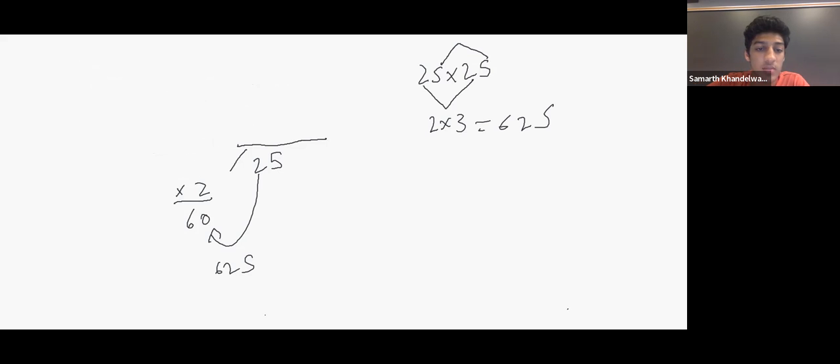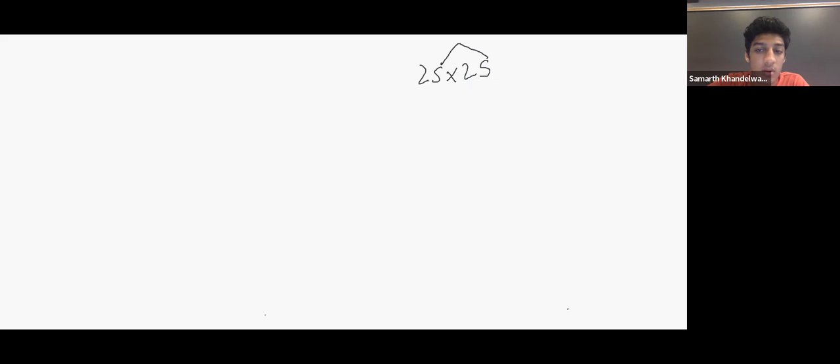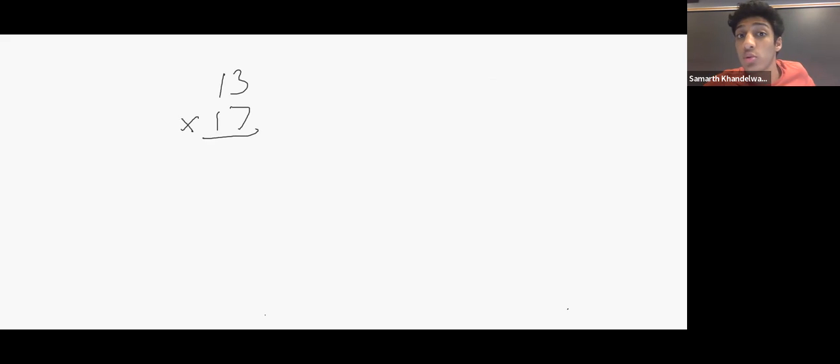I'm going to erase this real quickly, and I'll do a different example. This time, let's say 13 and 17. So what you do is you notice that the last digit, for the first step, is looking at just the last digit.